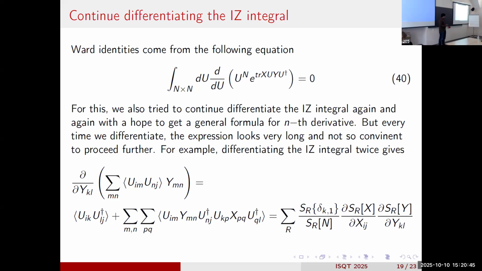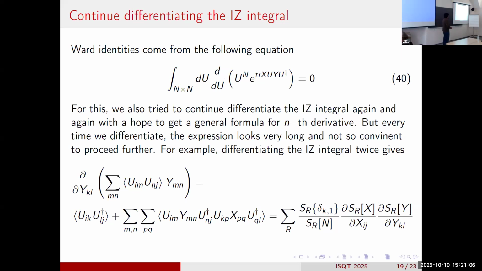He did it for the n-point correlation function for this particular model. We also try to do this. So the main idea is to first think about the Ward identities. If you can find them, we can easily generalize to the 4-point function, 8-point function, anything.